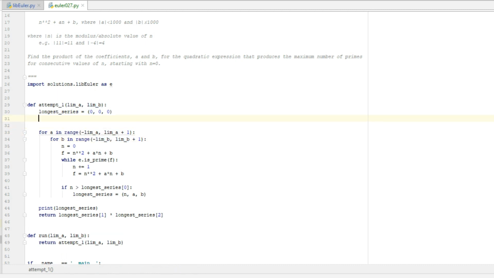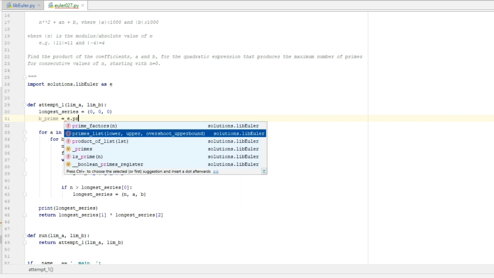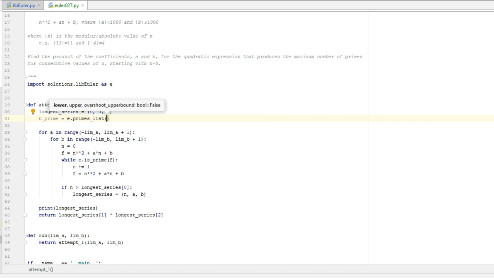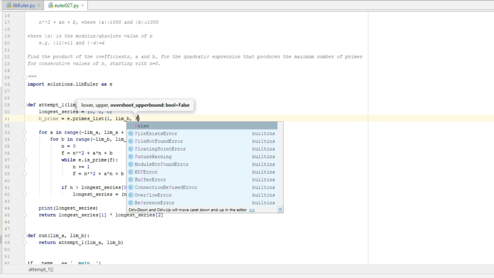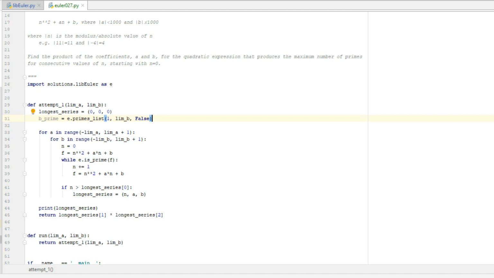Instead, we can state that b prime, a list of all the primes that can substitute for the value of b, is e.primelist, lower bound of 1, upper bound of lim b, may overshoot is false, and instead of running through this for b in b prime, let's see if this shaved off any time.